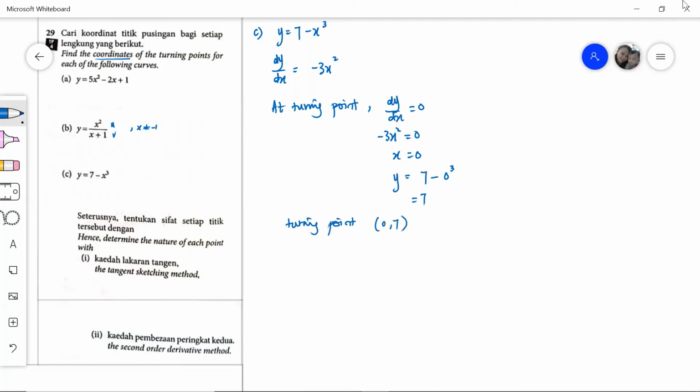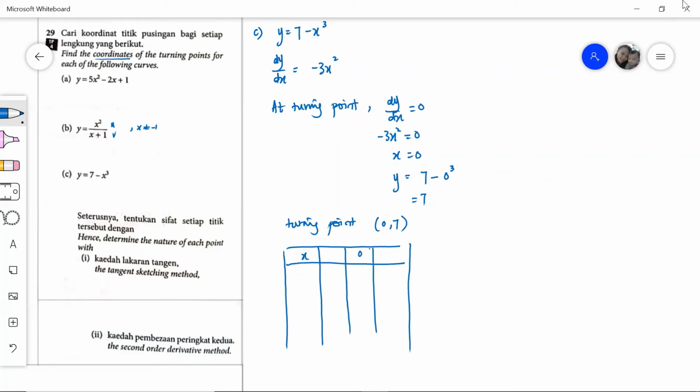So the turning point is (0, 7). Now, next, we've got to test the nature of this turning point. So first, the tangent sketching method. So let's just draw the table. This is x, so we have to test a point before and after the turning point. So 0, and before will be -1, after we shall take 1.